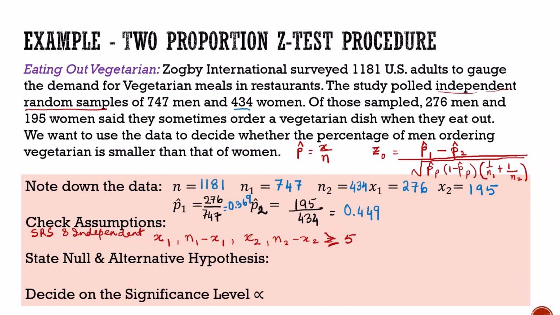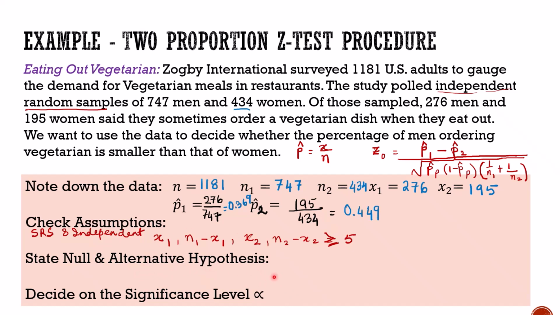And if you do the subtraction over here, x₁ is 276. Therefore, n₁ − x₁ would be greater than 5. Same with x₂ and n₂ − x₂ as well. So all four quantities will be greater or equal to 5. So all assumptions are met. We can proceed with our test.